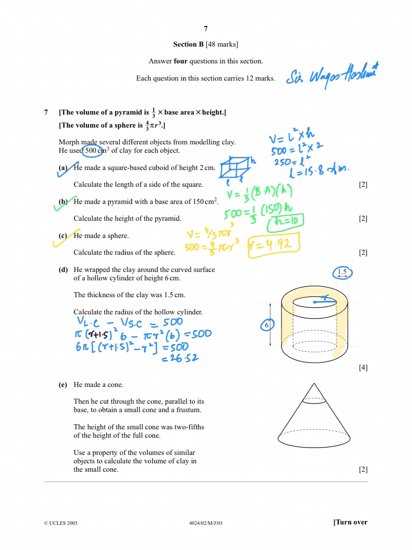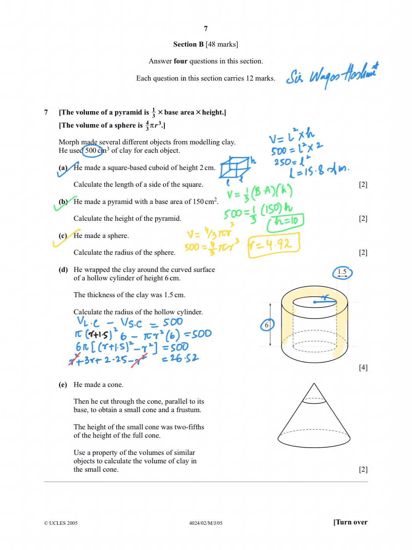Alright, on your left side you can apply the identity here of a plus b whole square. So that will be r square plus 2 into 1.5, it's 2ab, plus 1.5 square, it's 2.25, minus r square, right? So this r square and this r square cancel.